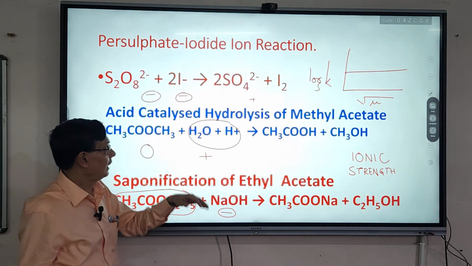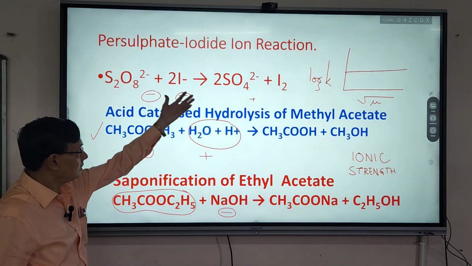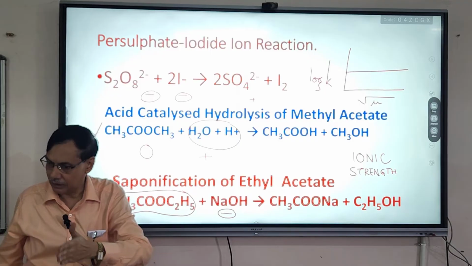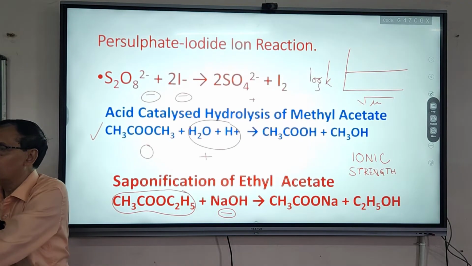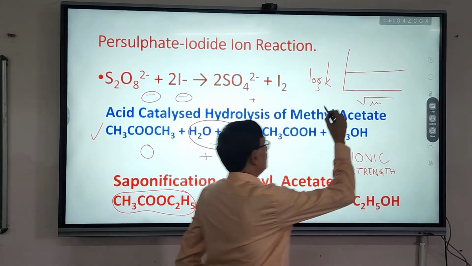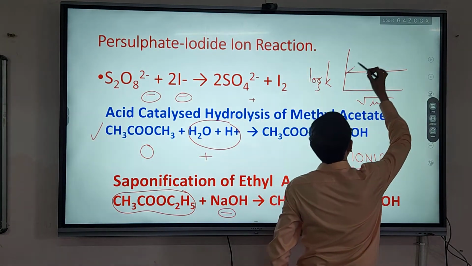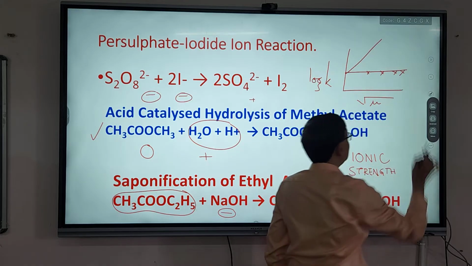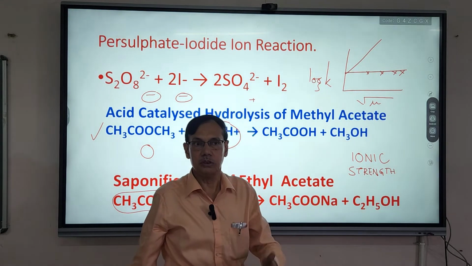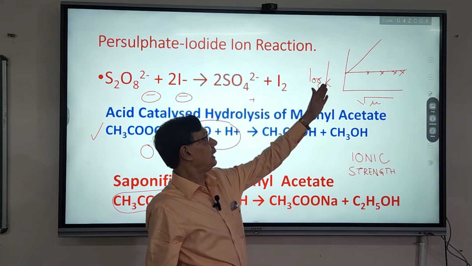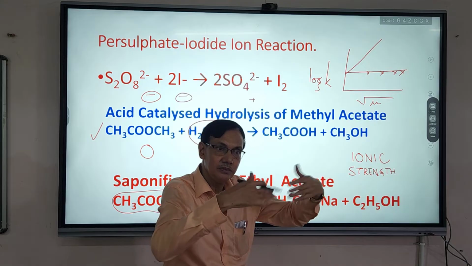Whereas in this reaction, where you are using potassium persulfate and KI with different KCl solutions, you will see that the rate of reaction increases. So in one case, there is no change in rate constant with respect to ionic strength, and in one case, the rate of reaction increases.